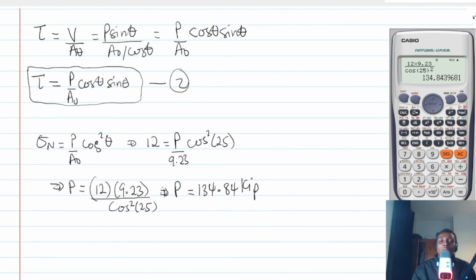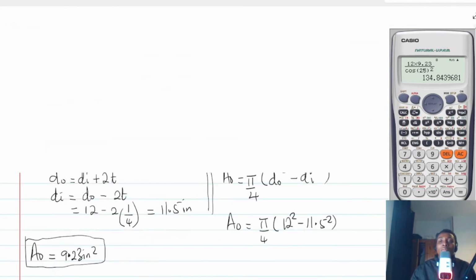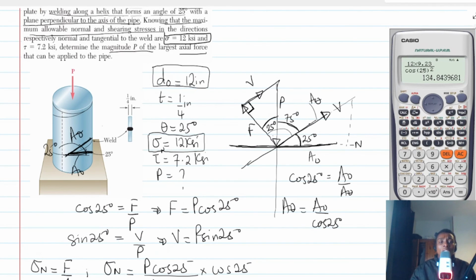Okay, KIP. And then based on the shearing stress, we have P over A naught cosine theta sine theta. So if we have this, then what can we see? So we can say that, okay, the shear stress is 7.2.